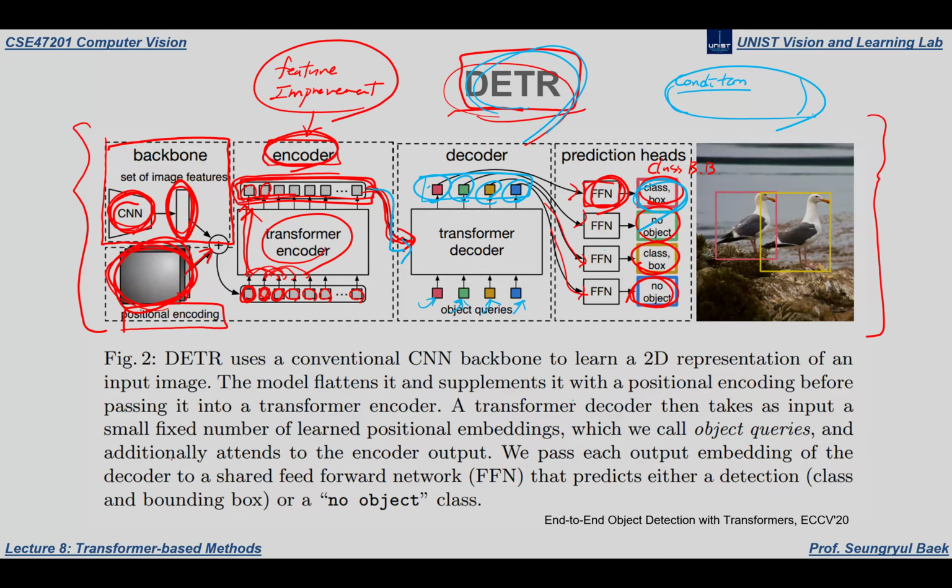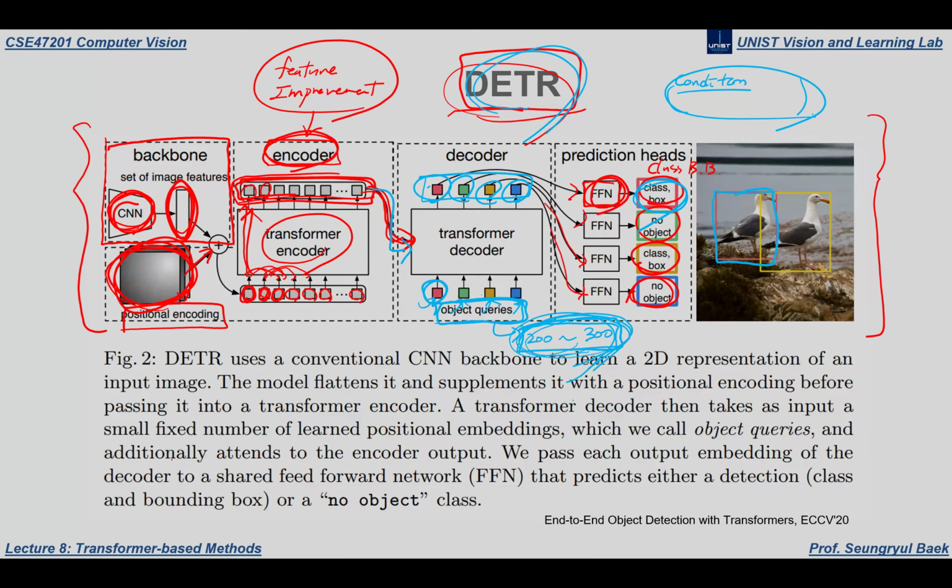Another important thing is the number of object queries. They normally have a fixed number, around 200 or so, because each is mapped to one bounding box and class probability at the final output. So if one image has more than this number of objects inside, we cannot estimate more than this number of objects.